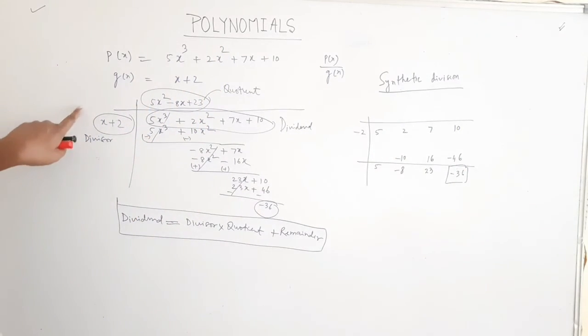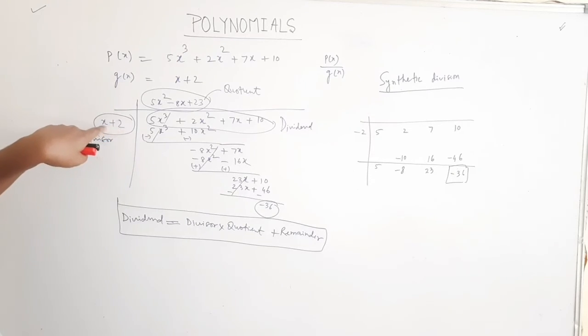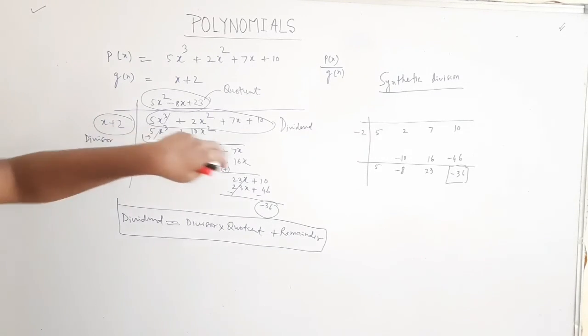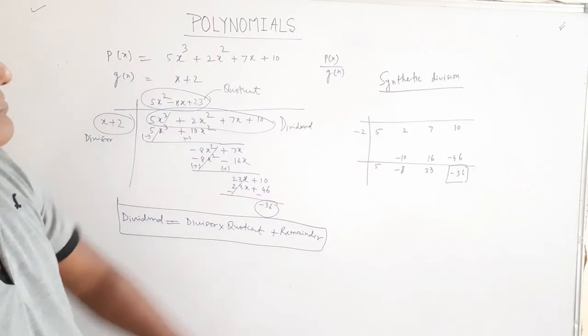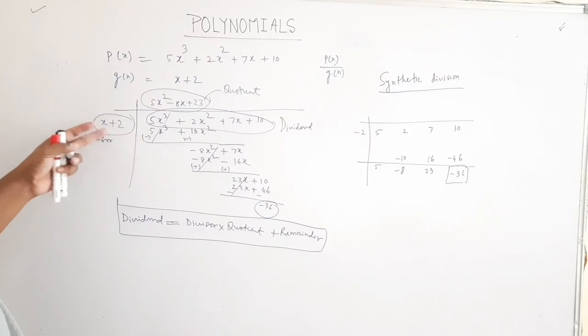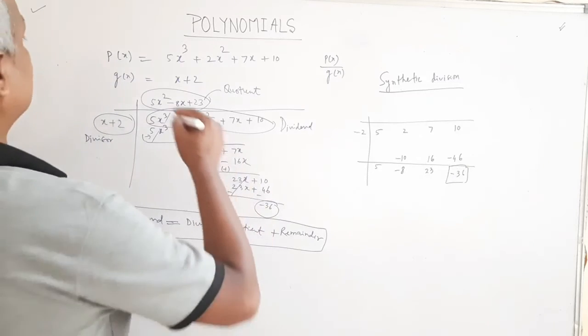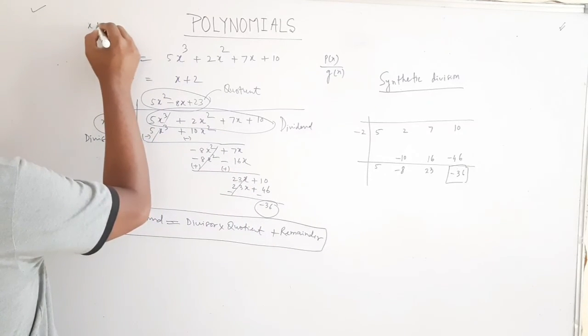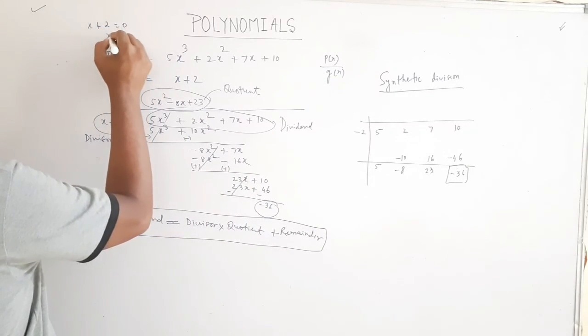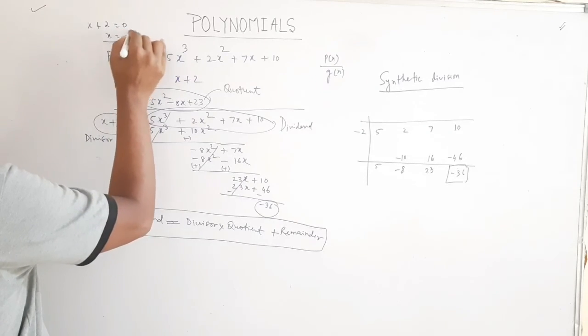So just find a numerical value which makes x plus 2 zero. Minus 2 plus 2 will be 0. So any number which can make this expression vanish, that is minus 2, so I have written that here. If you find it difficult to guess, then you can set this directly to 0. So you get x plus 2 equals 0, therefore x is minus 2.